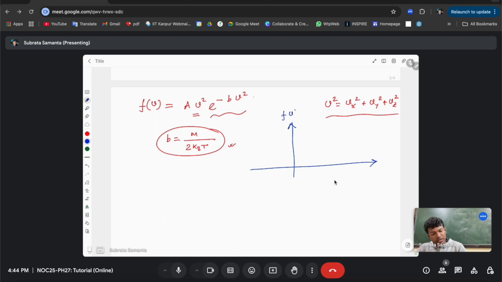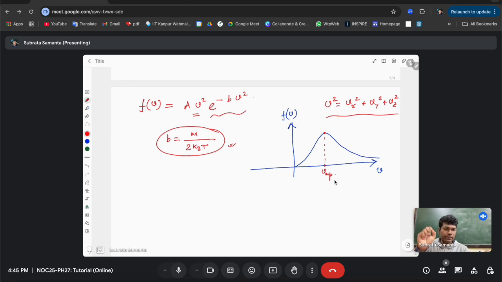This is your f of v and this is your v. It is basically v squared and then exponentially decays. This is your maximum at some velocity, let's say v_mp, because at this point v_mp your f of v is maximum. The corresponding velocity is the maximum probable speed.